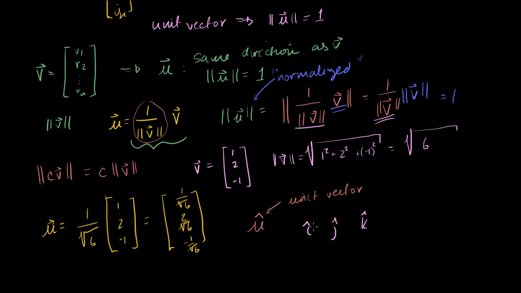The reason they have this little hat is because these are all unit vectors in R3. They're all members of R3, and they're the basis vectors in R3. For those of you who've been watching my transformation videos, these are equivalent to the vectors e1, which I could write with a hat on it, e2, and e3, which are the standard basis vectors in R3.